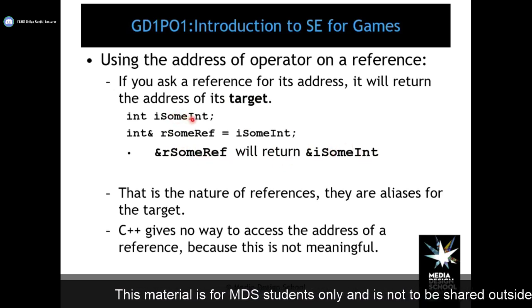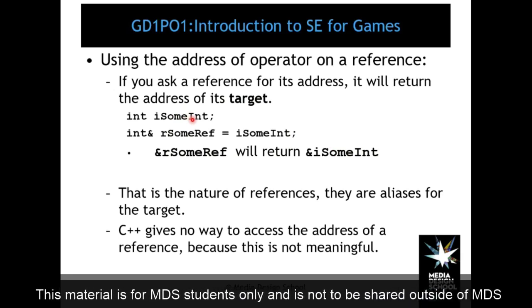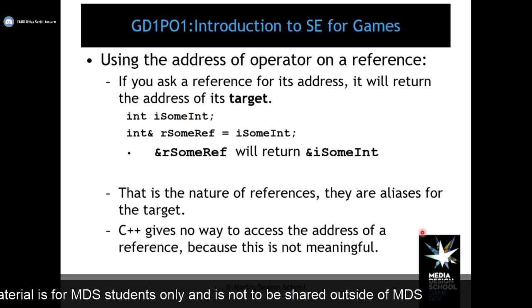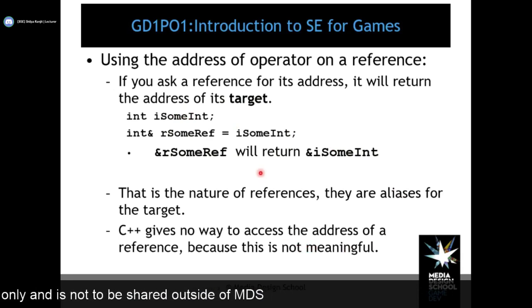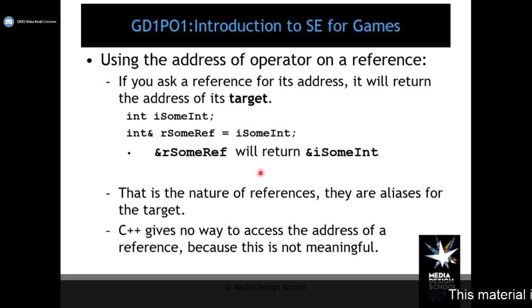That is the original name of the variable. Okay. Because that's not even meaningful. The reason you create references is because you want to create an alias, and alias names are basically just additional names to your original name. All right.